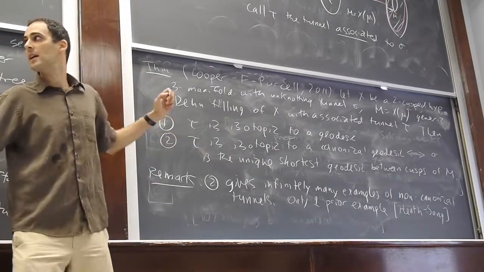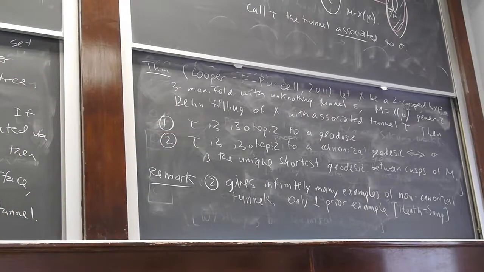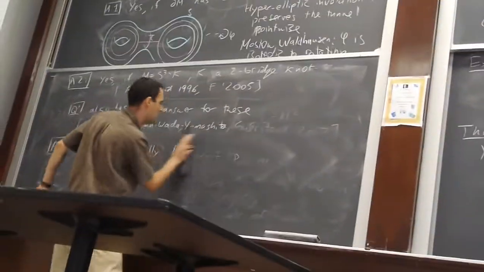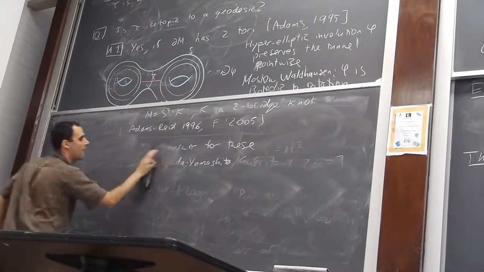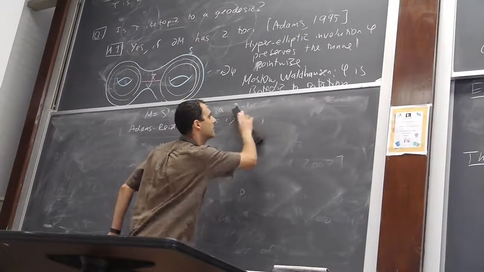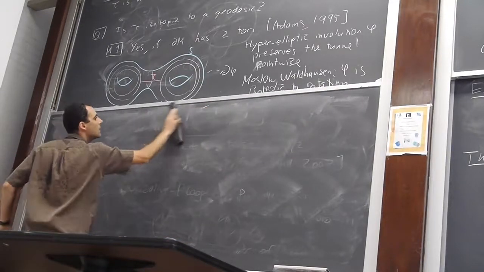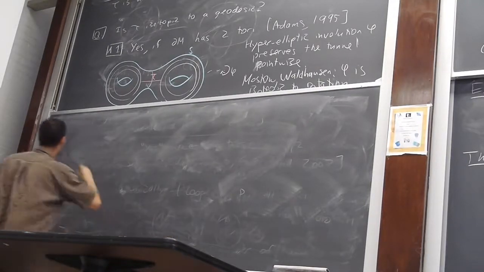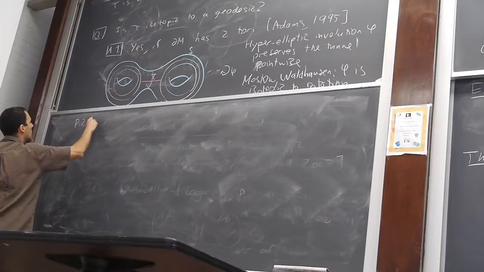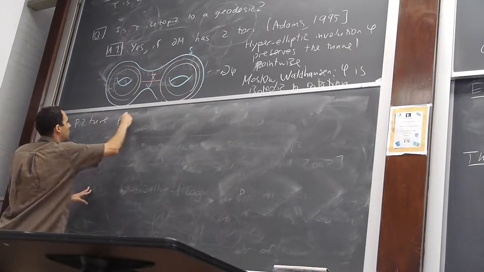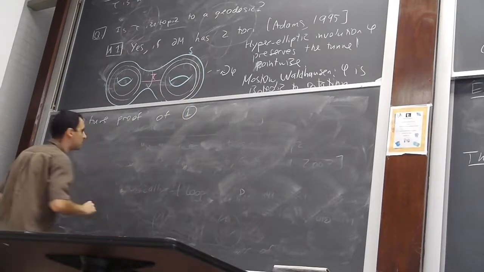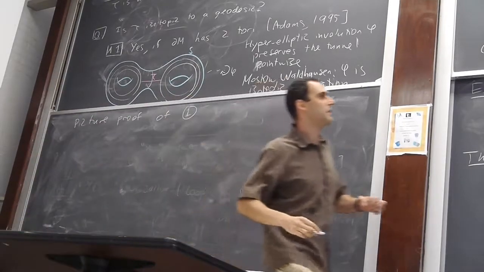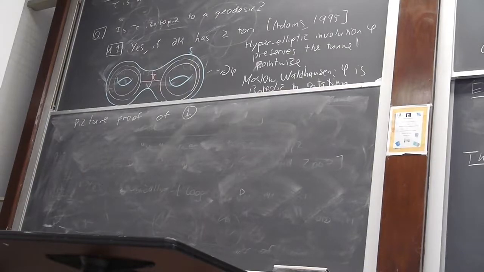Let me give you a one minute picture proof for part one, and then I'll say something about the questions. So part one is here's the hyperbolic geometry analog of the picture over there.